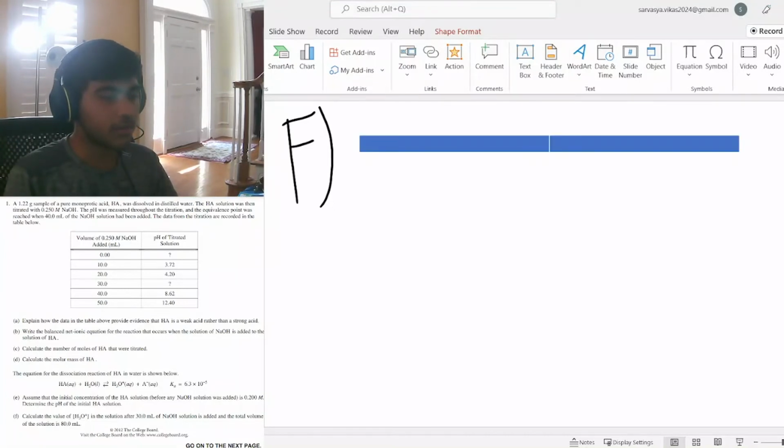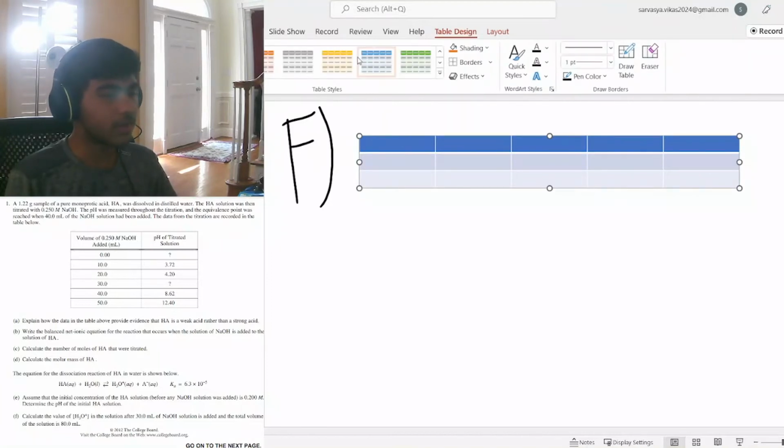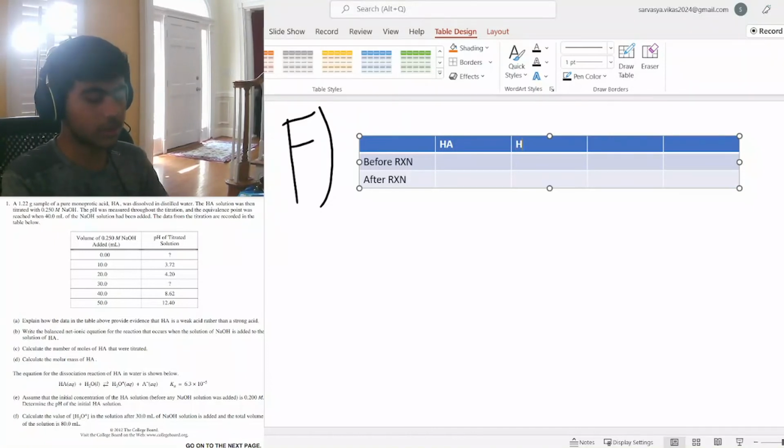All right, so we have four different parts of this equation. I don't know why it's giving me a bunch of colors. I didn't really want the colors, so I'll just write before reaction, after reaction, and this is going to be the HA, this is H2O, this is the H3O plus, and this is the A minus.